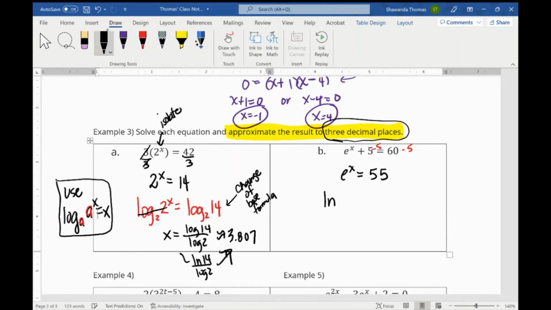So the natural log of e to the x equals the natural log of 55. The natural log of e cancels out. We have x equals the natural log of 55. Put that in your calculator. It should be approximately 4.007.